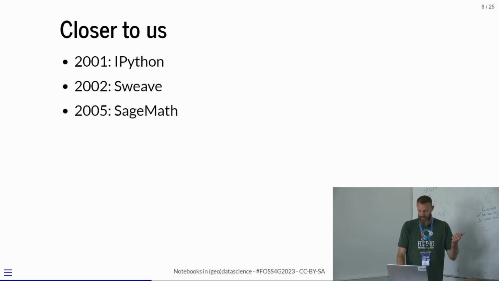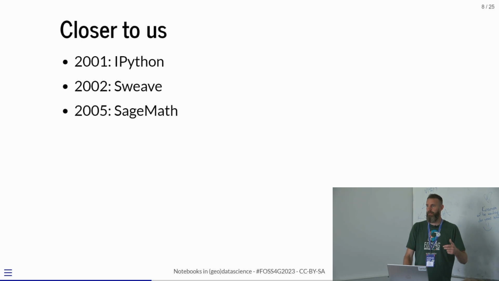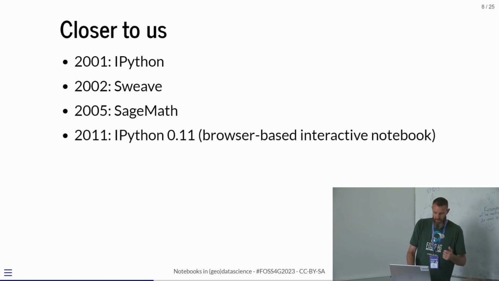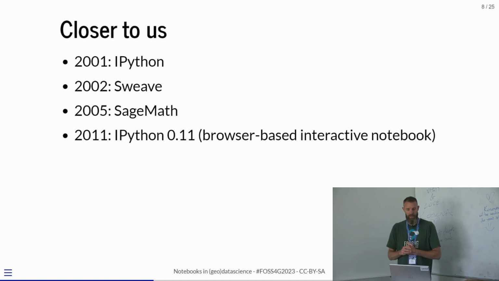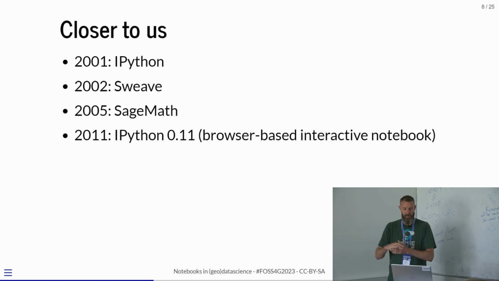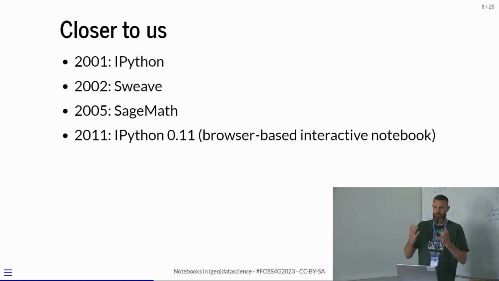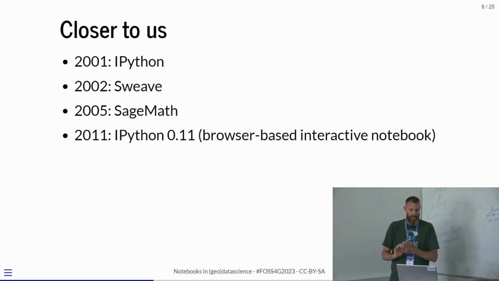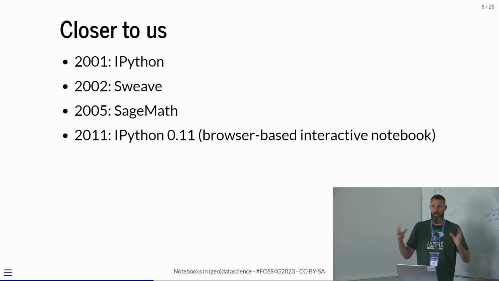In 2005, Sage, which quickly became a notebook on math. And in 2011, the IPython tool became a browser-based interactive notebook. It was the first one to do that, and they got some knowledge from Sage. So the IPython community and the Sage community were pretty close, and they benefited from each other.